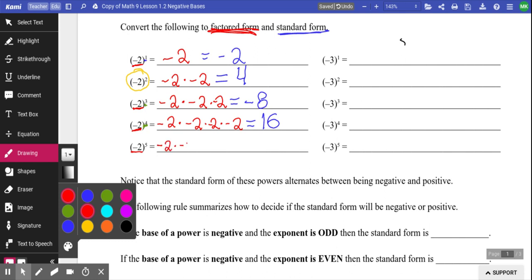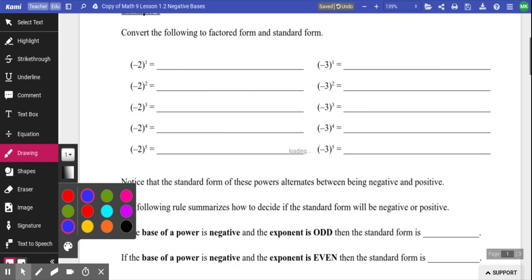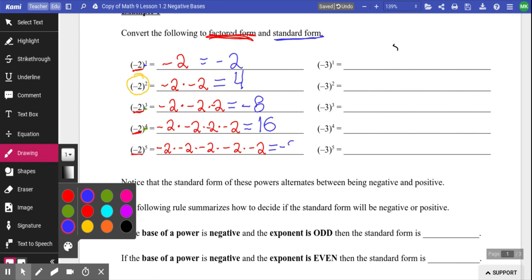So -2 times -2 times -2 times -2 times -2. That would get an answer of -32 if you were to do standard form.